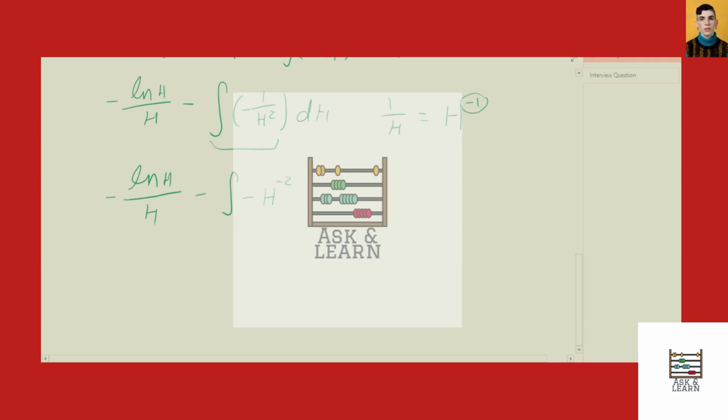This just means that it's the reciprocal. So we have negative h to the negative 2, and to do the integral, we're going to add 1, and then put it over negative 2 plus 1.